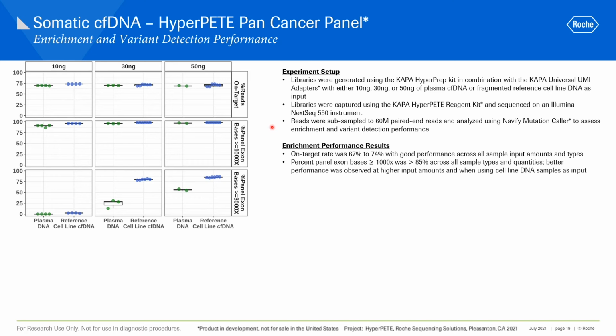Percent panel exon bases greater than or equal to 1000x was greater than 85% across all sample types and quantities. Better performance was observed at higher input amounts and when using cell line DNA as input. So this is what I'm showing over here. At 10 nanograms, you can see a slight performance drop-off for the 1000x depth of coverage, and 30 and 50 nanograms are both higher.